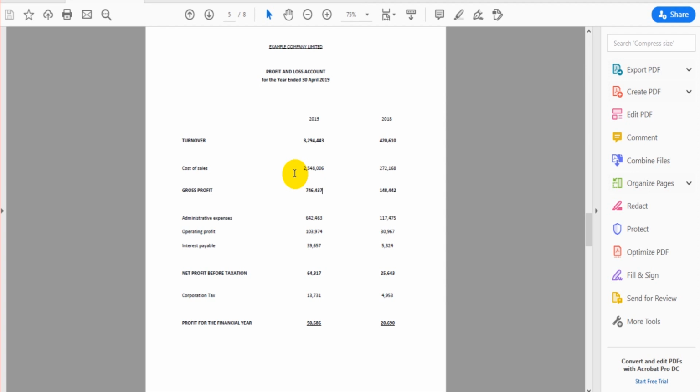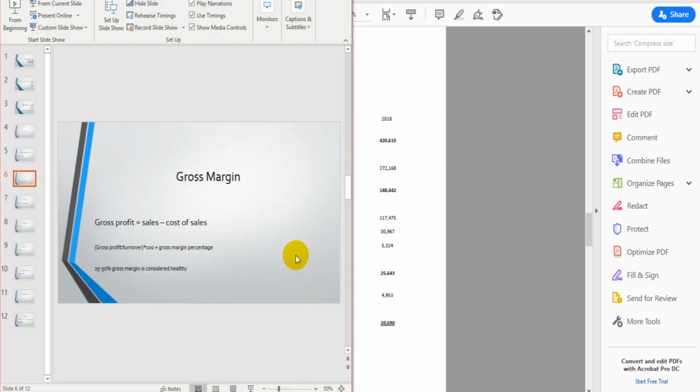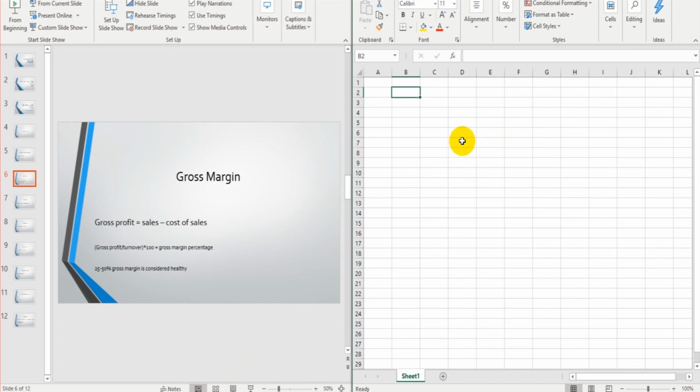So every dollar of sale, or every pound of sale, or every euro of sale, what percentage of that is going to be gross profit? And that's what gross margin does. So if we look at this formula, it's gross profit divided by turnover, or sales, times by 100, gives us our gross margin percentage.